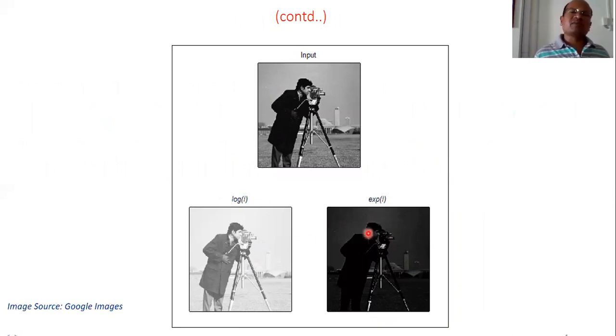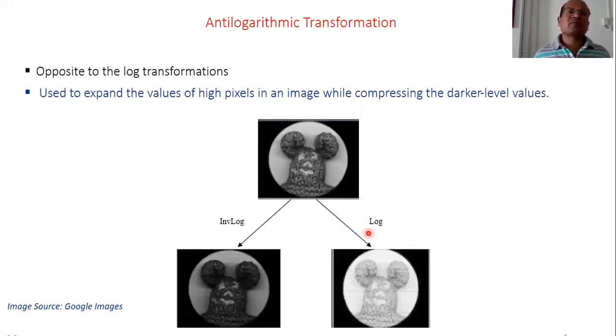The anti-logarithm gives this particular picture. As I told you, image enhancement methods are not only used for visual perspective, that is, to get a better visual appearance, but there are many other machine related applications for which these operations and transformations are used.